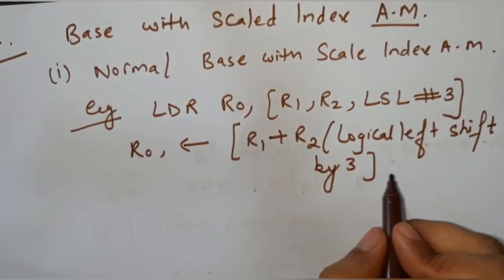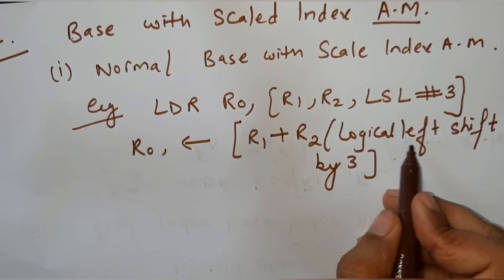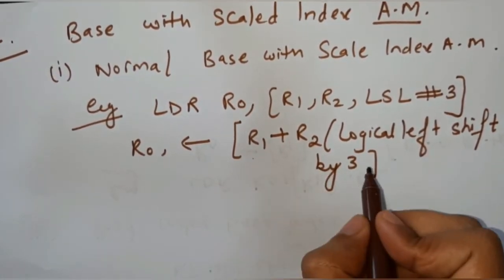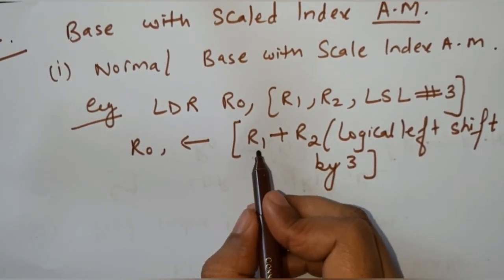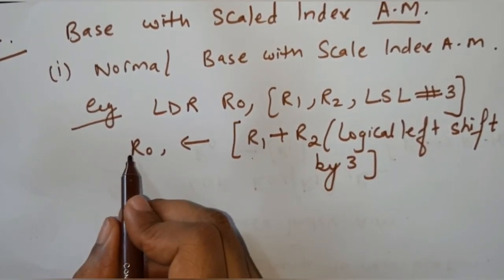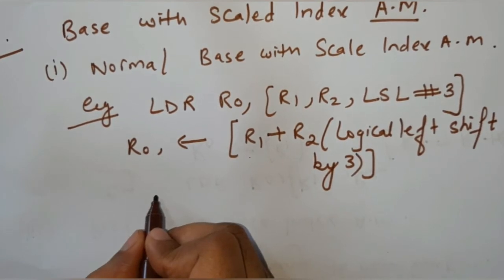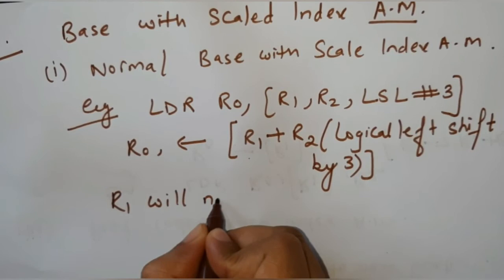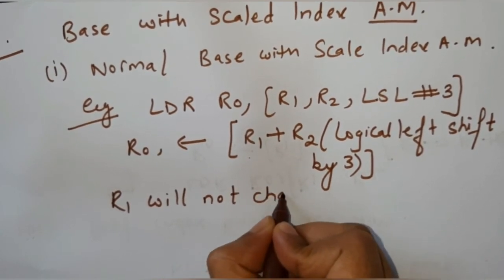Here the content of register R2 will be shifted left by 3 and then added to the register R1, and its content will be moved to the register R0. In this mode, again the value of R1 will not change.